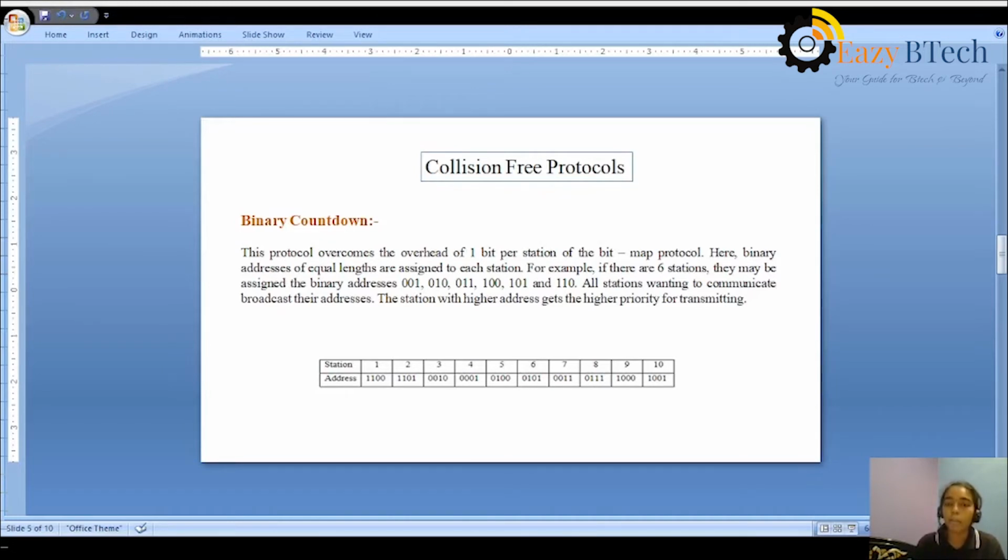By priority, we can take that particular channel to communicate our data frame to the destination, right? Here also we have an example of how the binary address will be allocated to each station, and which station has the highest priority to communicate its data frame to the destination. Okay, let us see the diagram here.